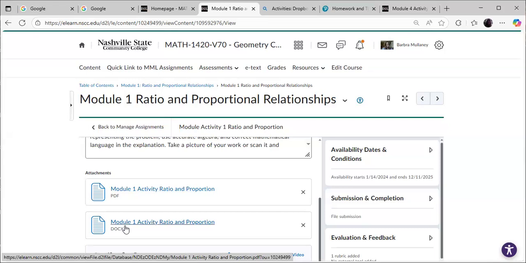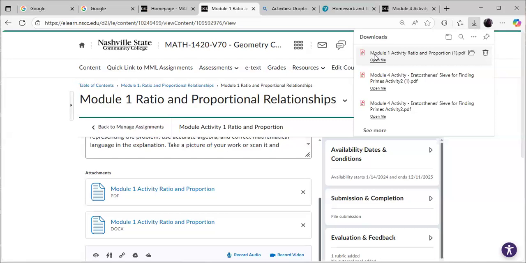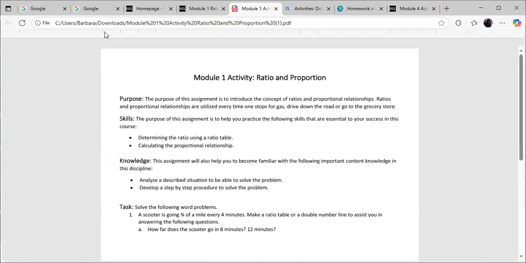So you have a choice of opening up as a PDF or a Word doc. So if you want to use the Word doc so that you can type in it, you are welcome to do that. But I'm going to open up the PDF. All right.